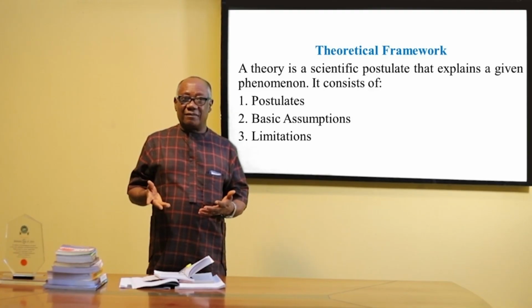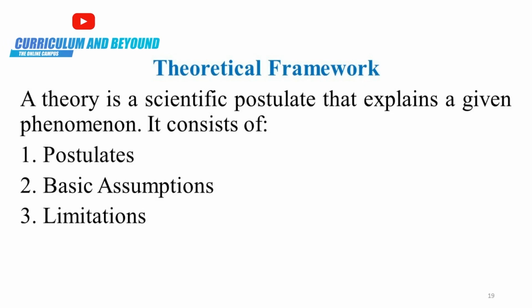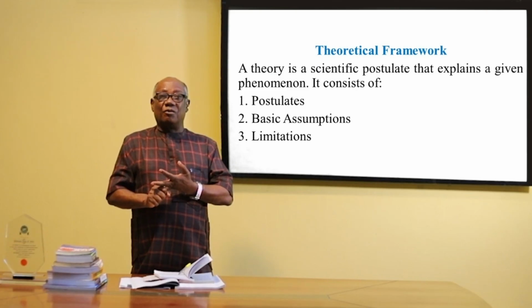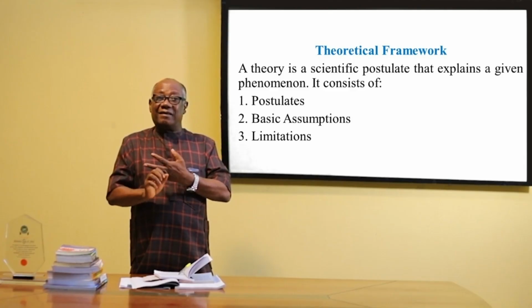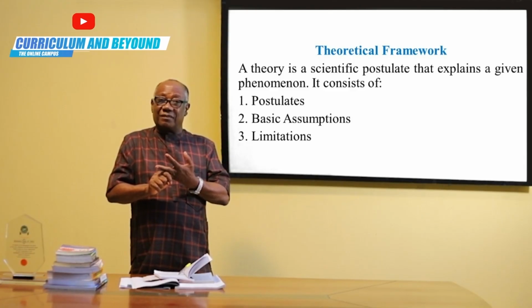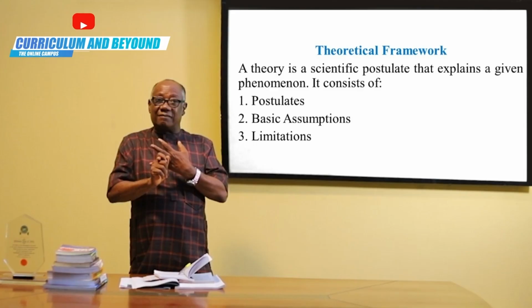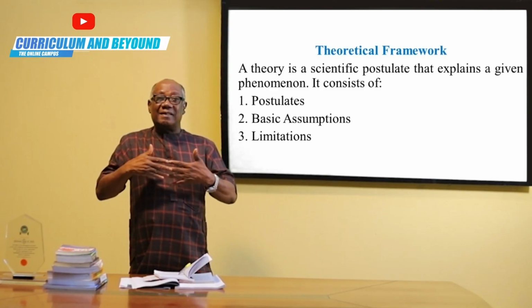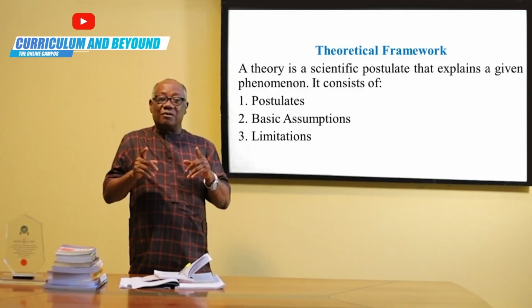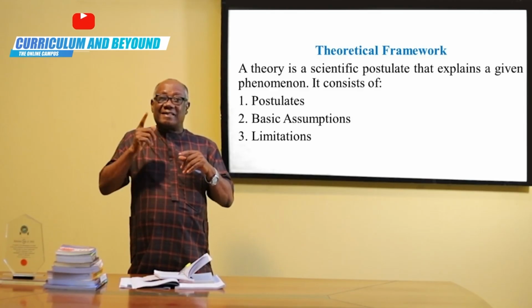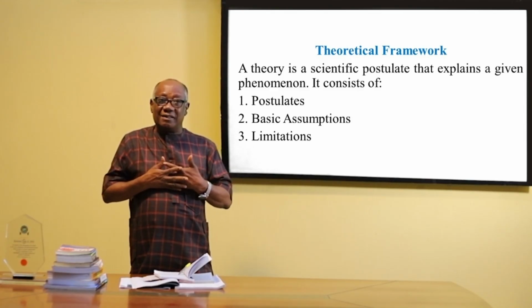What is a theory? A theory is a scientific postulate that explains a given phenomenon. It has its postulates, it has its basic assumption, and it has its limitation. So when we talk about the item response theory in my example, it makes a postulate that performance in a test is anchored by latent trait which is possessed by an individual.